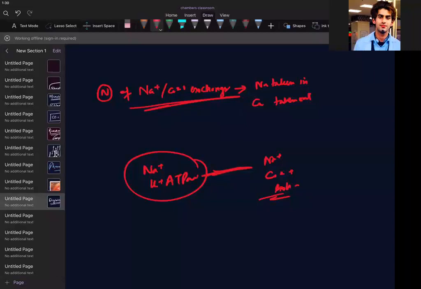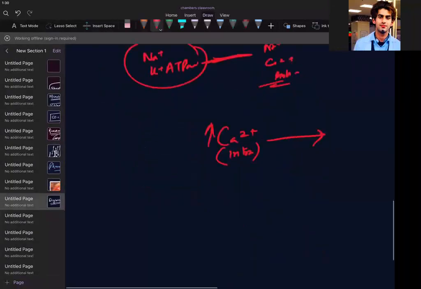Now, you also know the story from this. If you are increasing the intracellular calcium, what will happen? Beautiful answer. You are actually increasing the contractility. So is digitalis having an effect on contractility? That's why we are giving it.